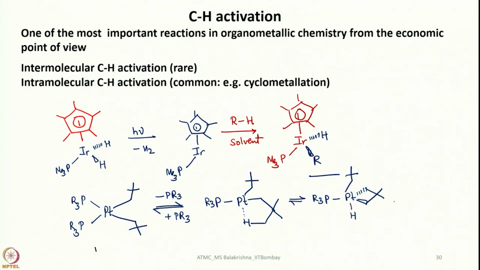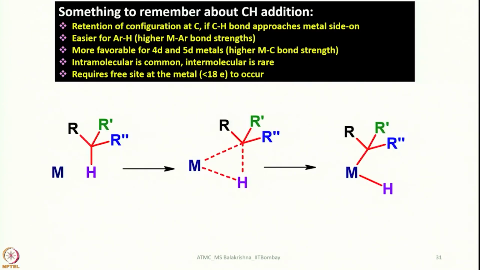If the tertiary phosphine is in solution, now what happens, this CH2 is there, it will abstract this one, so this CMe3 will come out and we end up with this. This is one example for intramolecular CH activation. So now we should look into some aspects here.